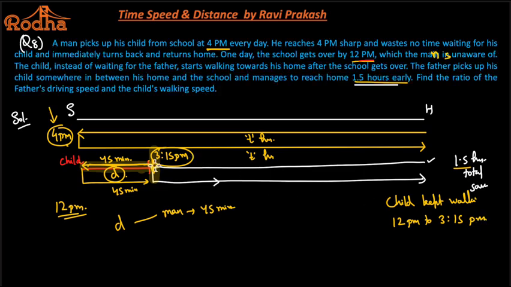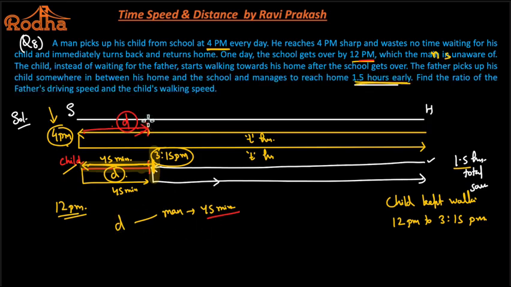Because the father had to reach here at 4 p.m., but he saved 1.5 hours in the total journey. Why did he save it? Because the child has covered some distance D from here to here. And because of the child walking this distance D, the father saved 45 minutes. That means this distance D would be covered by the father in 45 minutes.